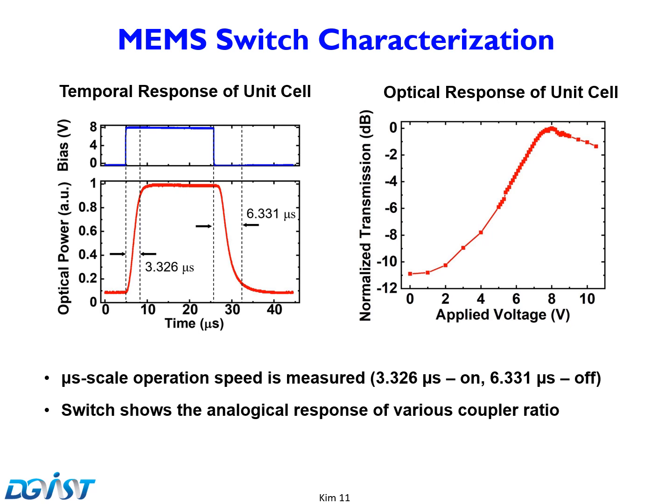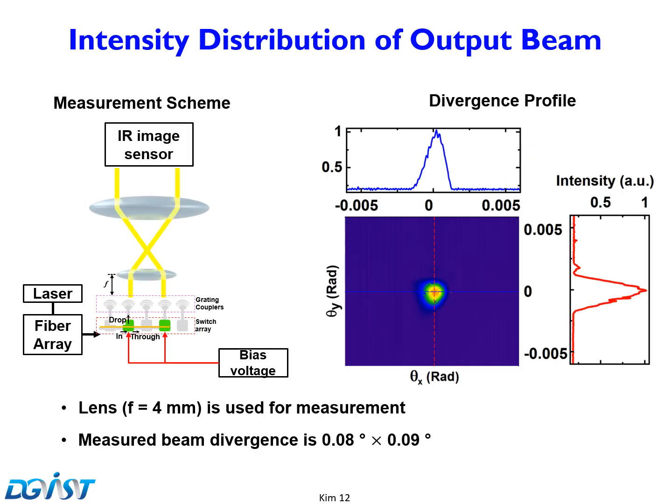The right figure illustrates the optical power response at the drop port when bias voltage is applied. It shows an analog response, and we achieve the maximum power coupling ratio when 8 volts is applied to the actuator.